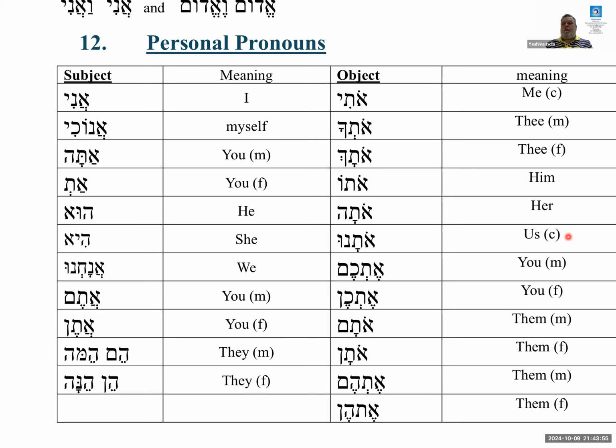Etchem. This is where the plural starts again now. Etchem, you masculine. Etchen, you feminine. Otham, them, masculine. Otan, them, feminine. Ethem, them masculine. Ethen, them feminine.